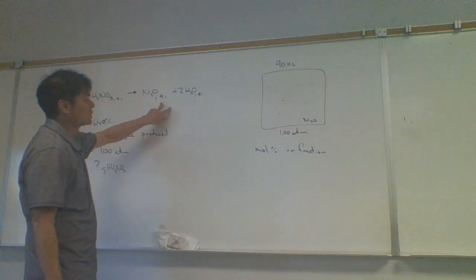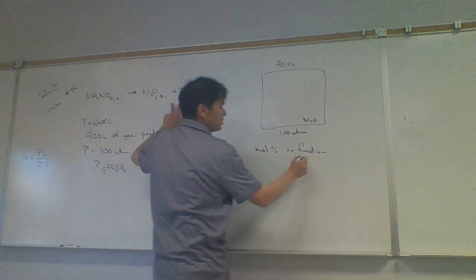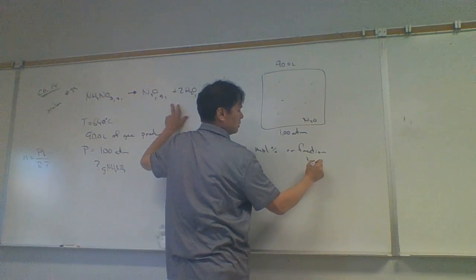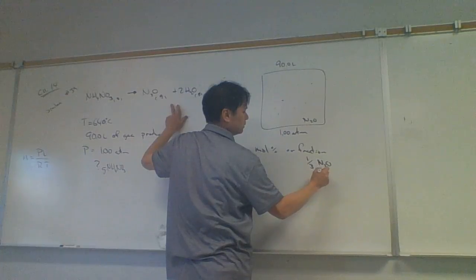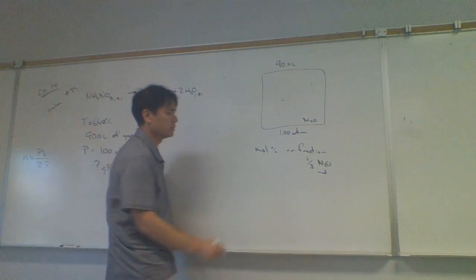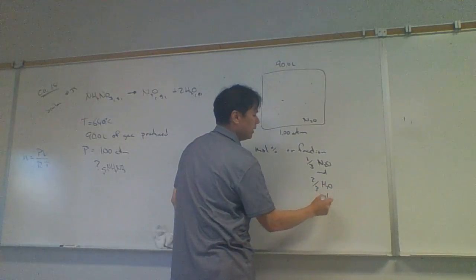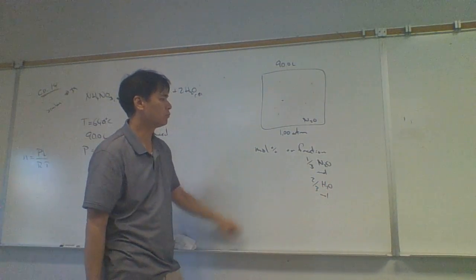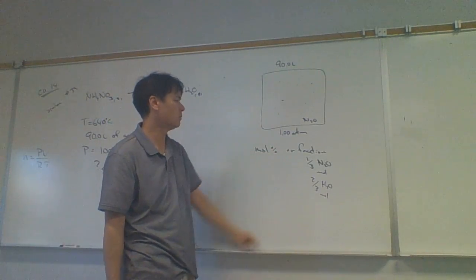And so the fraction of this would be, there are 3 parts total. And so the fraction would be 1/3 N2O by mole, and 2/3 H2O by mole. And so, for every 3 molecules, 1 will be nitrous, 2 will be water.